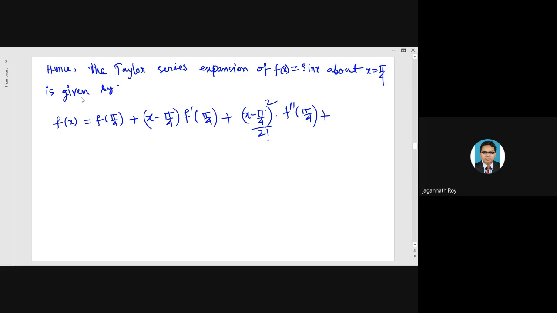Okay. Then after that, x minus pi by 4 to the power n by n factorial, f of n of pi by 4, plus dot dot dot because we are writing a series.